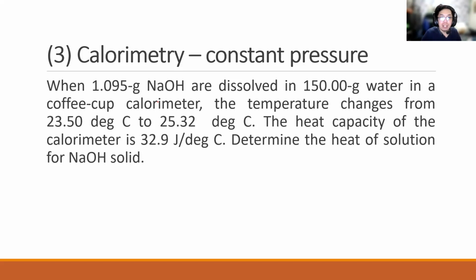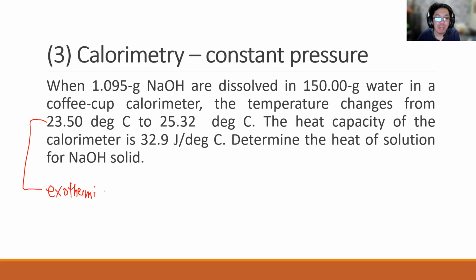So what happened here? Did it become hot or cold? Hot, correct. 23.5 to 25.32. So what process is this? Endo or exo? Exo. Okay, so you now have an exothermic process.